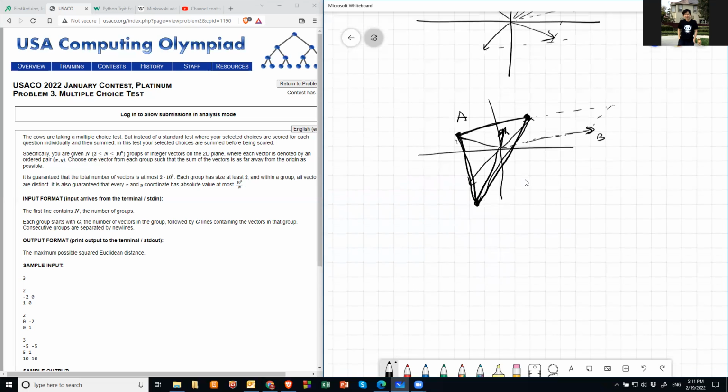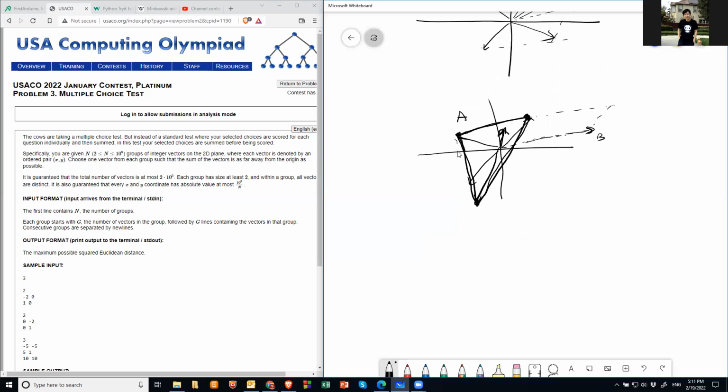Then we can have a greedy algorithm. For the first group, we form the convex hull. Then I add the second group. Let's say the second group has B1 and B2.